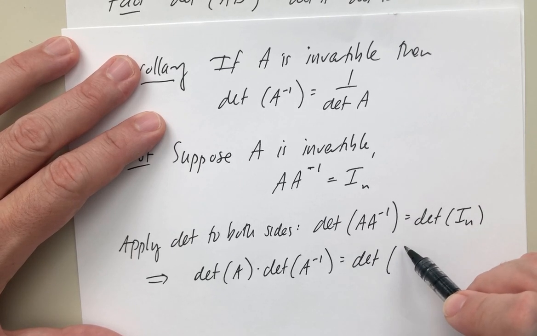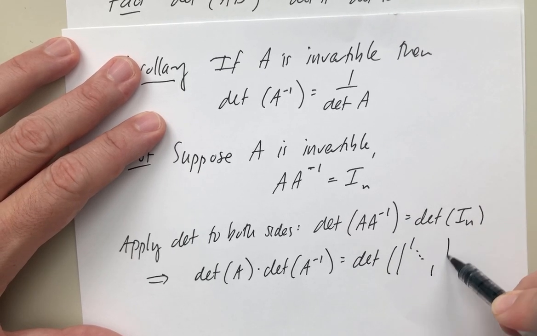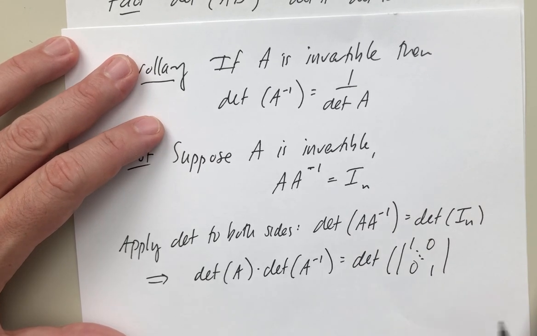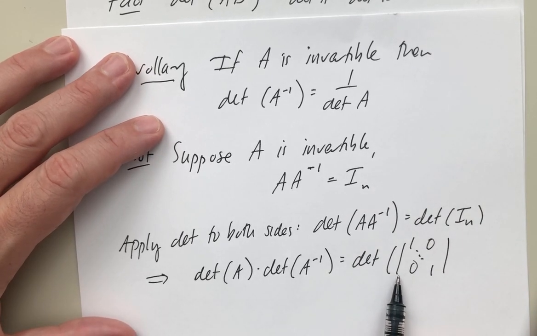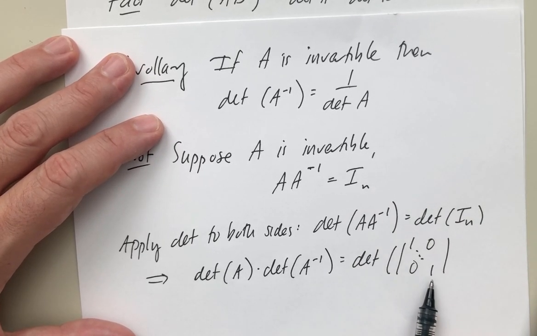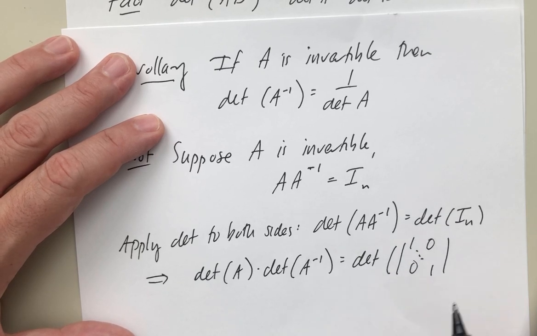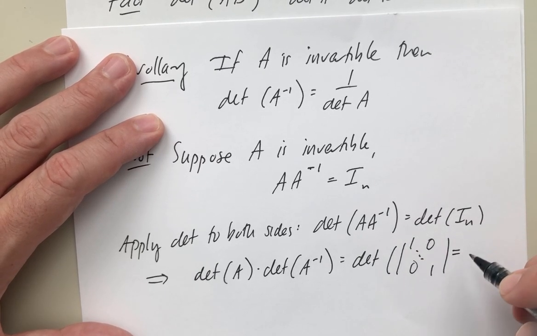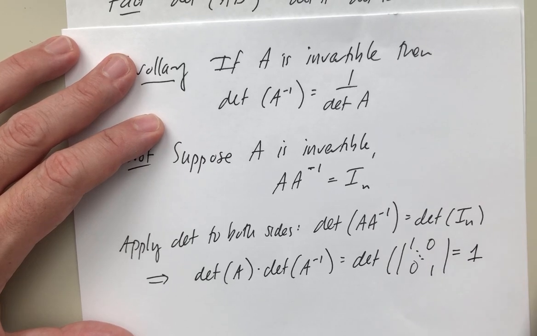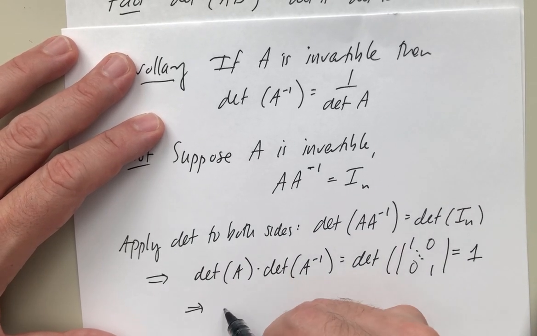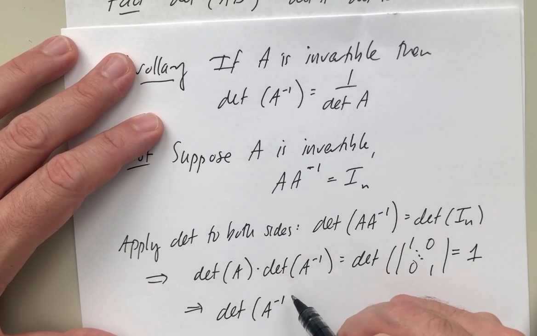Right? Well, what's I_n? I_n is ones down the diagonal, zeros off the diagonal. And so what is this? This is a triangular matrix, so the determinant will be the product of the entries. That's 1 times 1 times 1 times 1, etc. So that's just 1. So now we can solve for the determinant of A inverse.